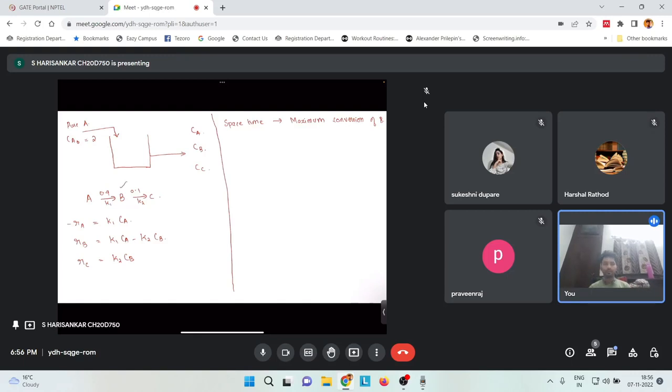So by concept, they are referring to the optimum time. In a series reaction, we have seen the graphics here. If this is the concentration of the intermediate product, the optimum time is the time at which the concentration of this Cb will be maximum.